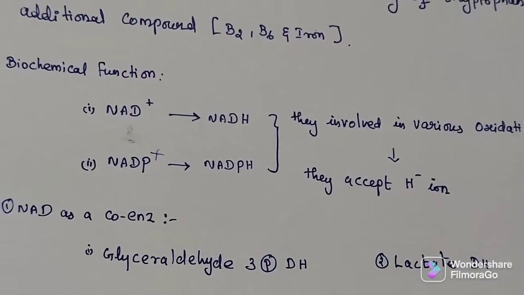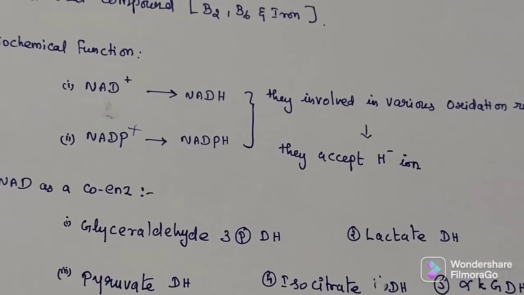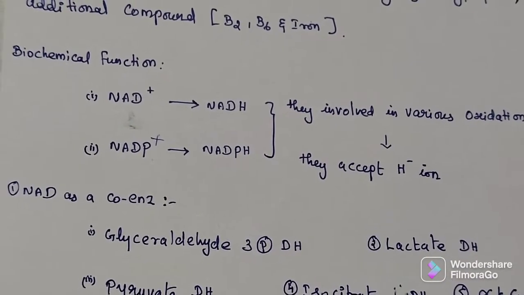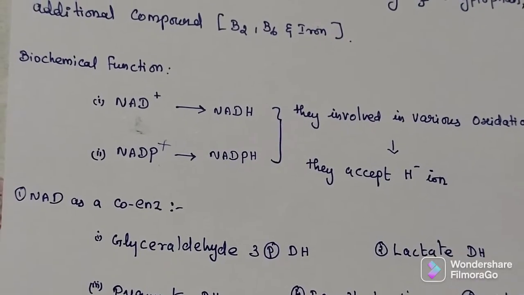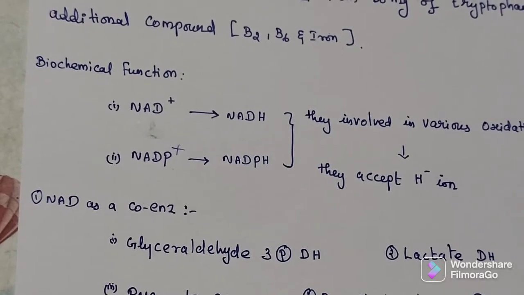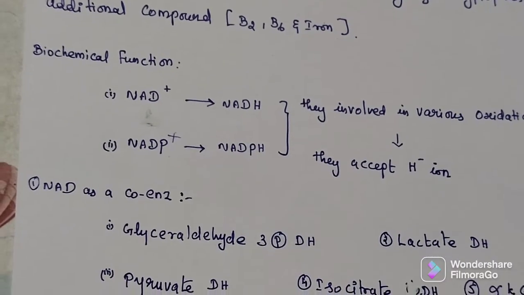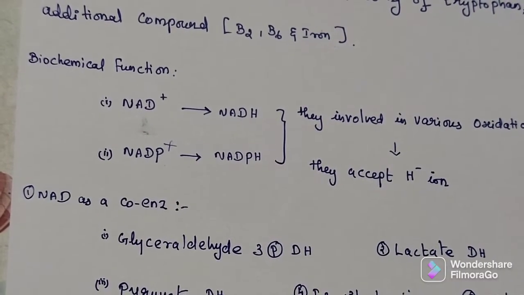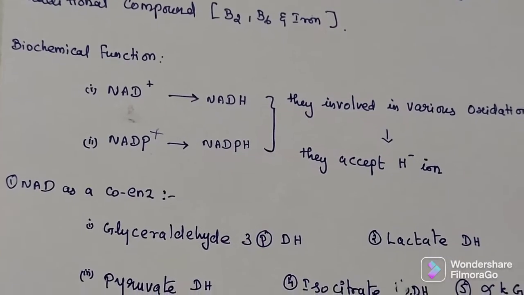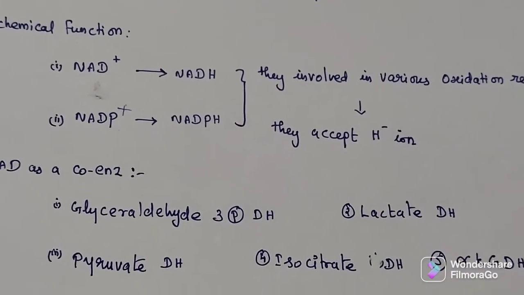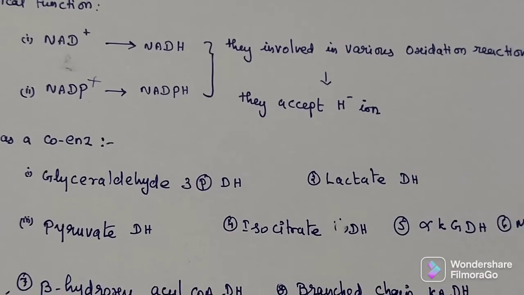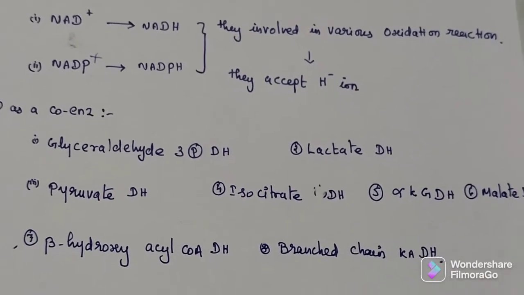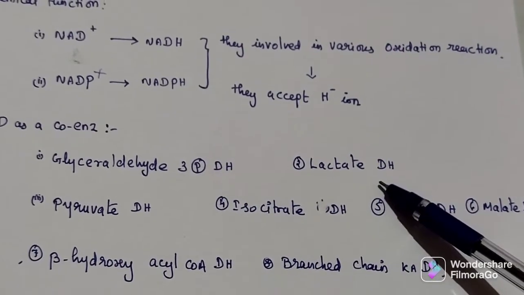It is a coenzyme for glyceraldehyde 3-phosphate dehydrogenase, which converts glyceraldehyde 3-phosphate into 1,3-bisphosphoglycerate. Then pyruvate is converted into lactate by lactate dehydrogenase.